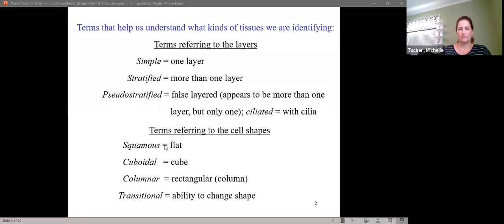In a squamous cell, the nucleus starts to get flattened out, especially if there's more than one layer. We'll also be looking at a simple columnar epithelium in the small intestine and the jejunum, and these are going to be rectangular cells. And then we'll look at a transitional epithelium as well, where the tissue changes shape.